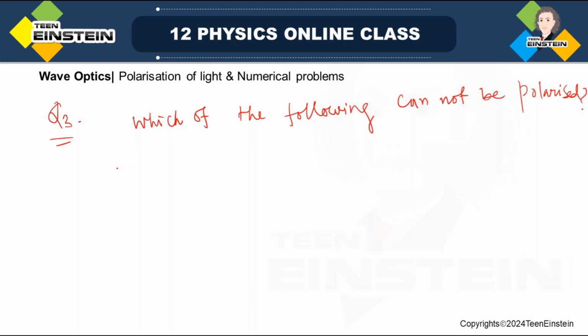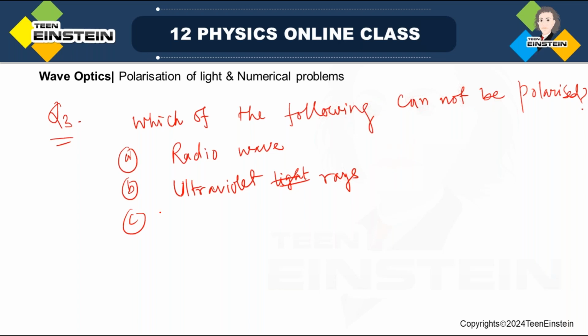The options are: radio wave; option B, ultraviolet light or ultraviolet rays; option C, infrared rays; option D, ultrasonic waves.